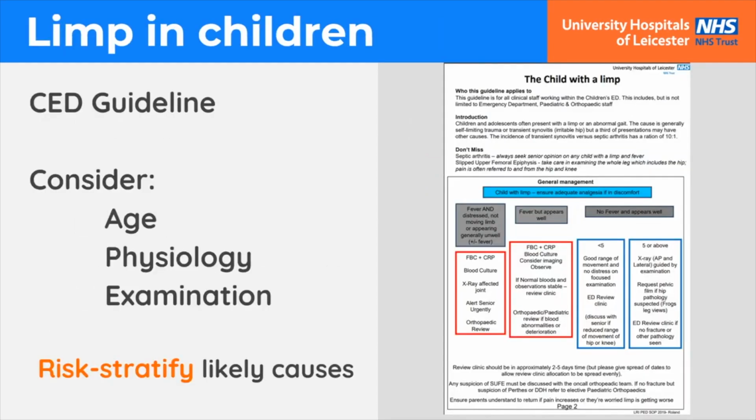And with the information that you get from your assessment, you might want to consult the Children's ED Limping Child Guideline, which exists purely to help risk stratify the likely causes depending on age, physiology and examination findings, to help us not to miss the rare but critically important serious illnesses that can present with limp, but at the same time not over-investigate the much more common self-limiting causes of limp.